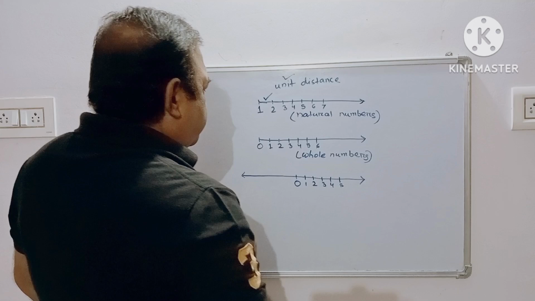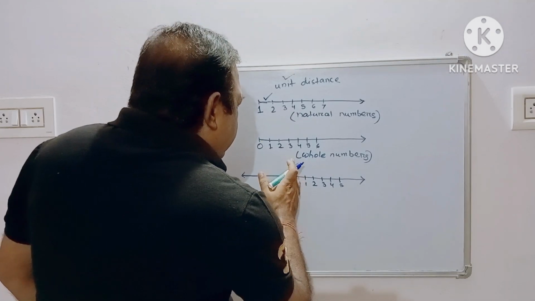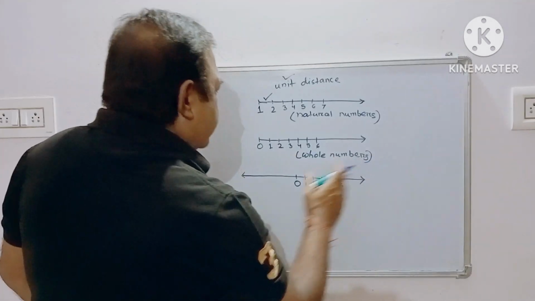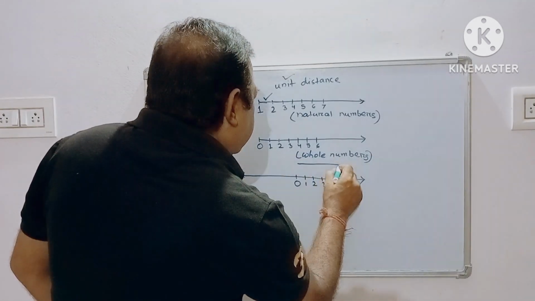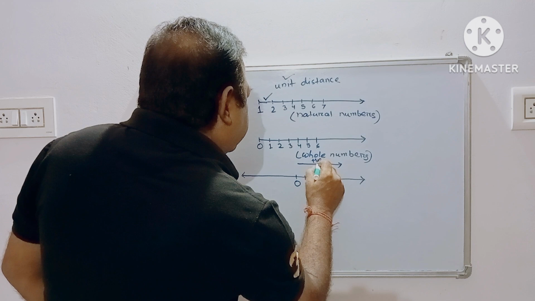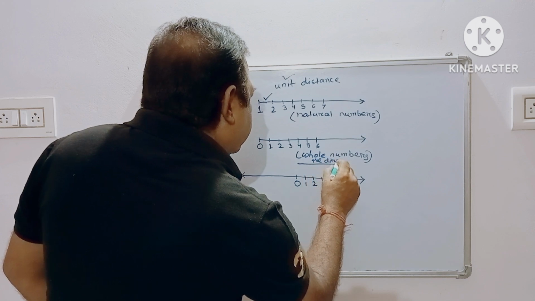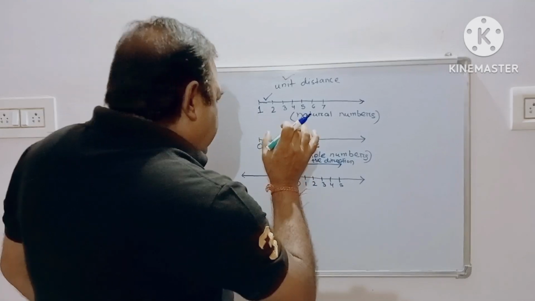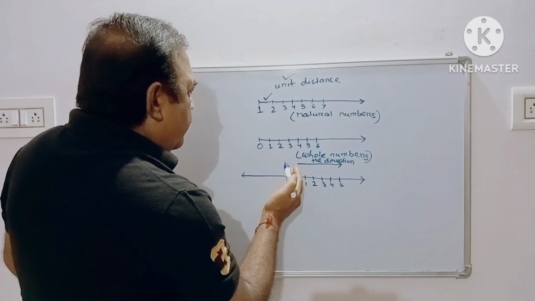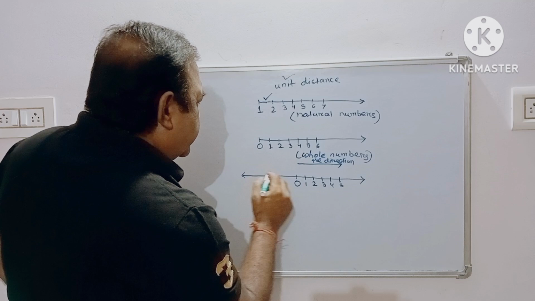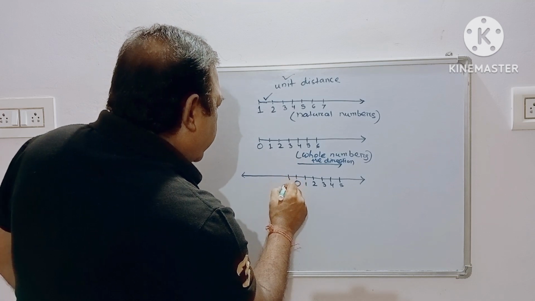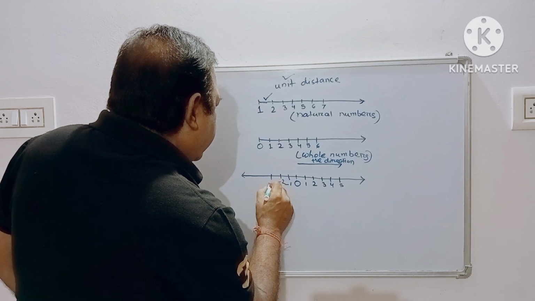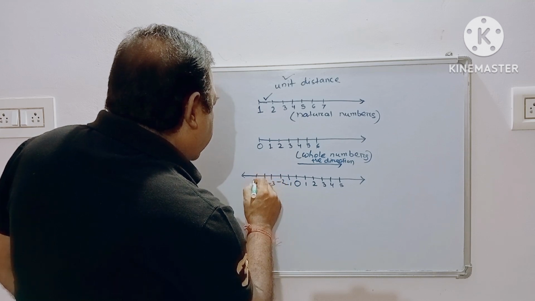So we are going towards the right of 0, in the positive direction. Like that, maintaining the same unit distance, we will move towards the left of 0. So we may call it -1, -2, -3, -4, -5.